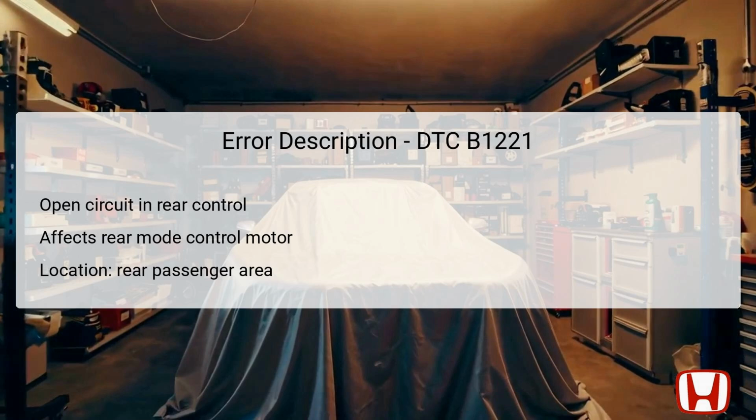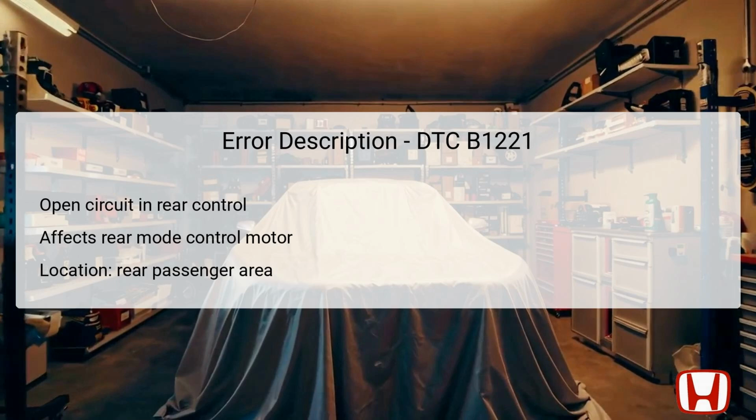This motor is typically located behind the rear passenger area, connected to both the HVAC control unit and the climate control system. When the circuit is open, the motor cannot receive signals to adjust the airflow mode, leading to potential problems with air distribution.